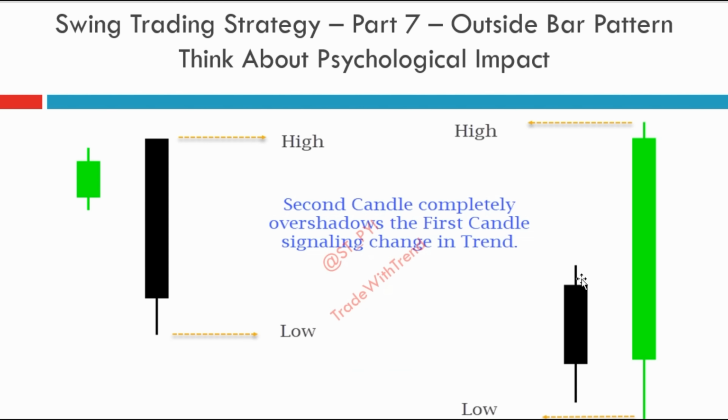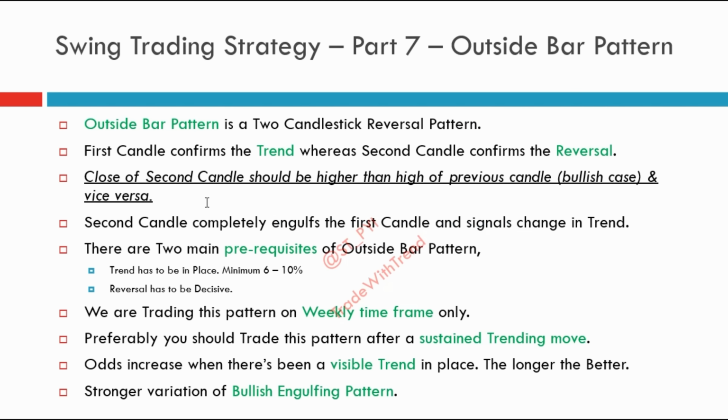What I mean is the close of this second candle should be higher than the high of this previous candle, right? And on the flip side, the close of this candle should be lower than the low point of the previous candle. That is how you signify a complete shift in psychology of the chart. I hope my point is clear.